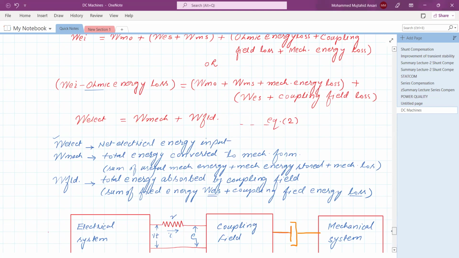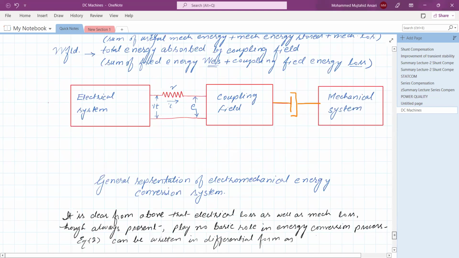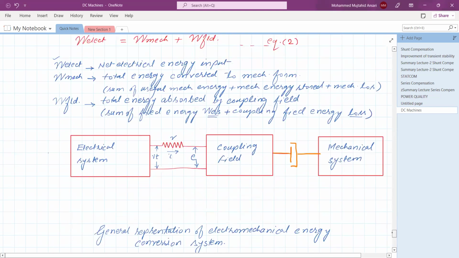This block diagram consists of the electrical system, which is the electrical input. It is connected with the coupling field via some electrical connection, which has resistance.